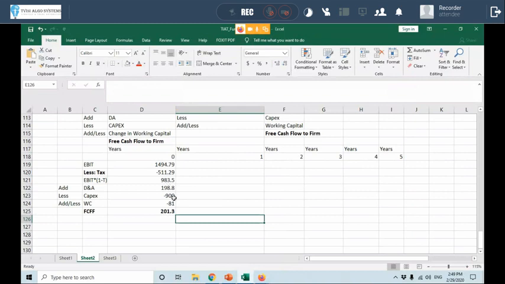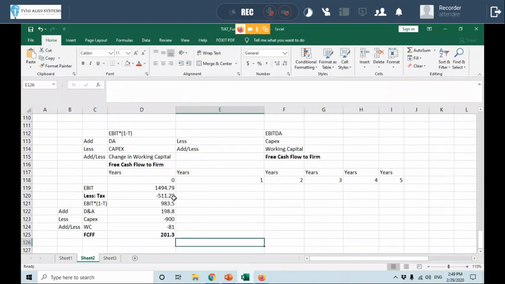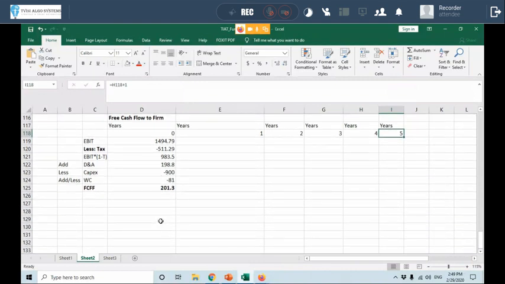When we do this forecasting, this is the current year, March 2020. This is March 2021, 22, 23, 24, 25. So now we do complete forecasting. We derive the sales, the expenses, the EBITDA margins, EBIT margins, net income, and from that we arrive at free cash flows. This is how we do projections.